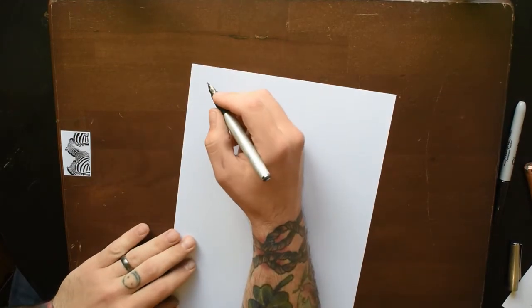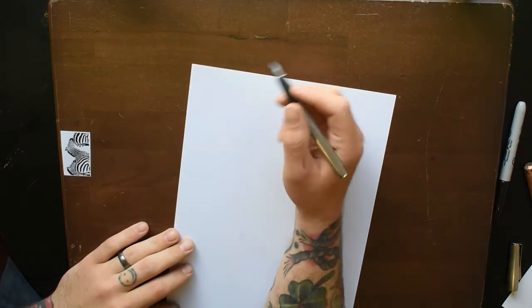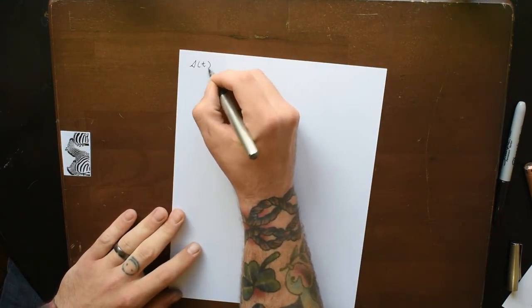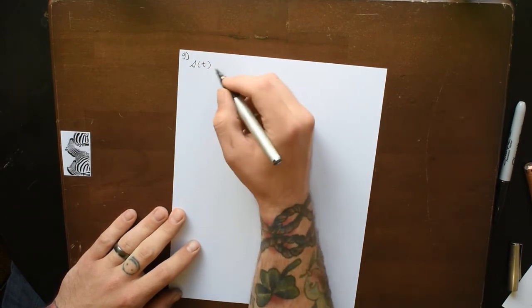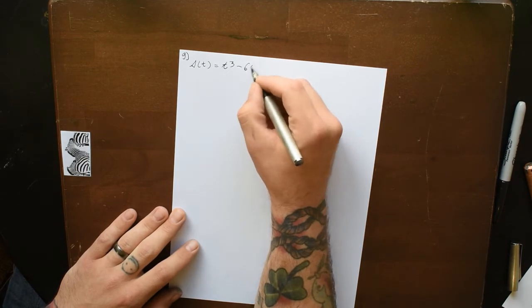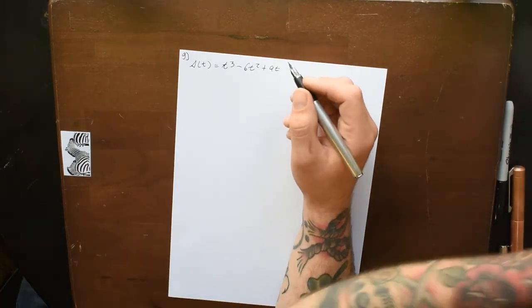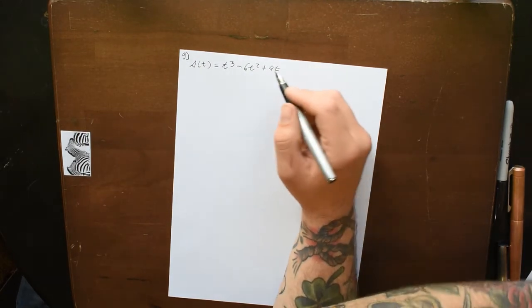Okay, so the next thing we're going to do is find the acceleration at time t and the acceleration when t is equal to 5. So we have to take our function, and this is s. We'll take our function, t cubed minus 6t squared plus 9t, and let me double check that, minus 6t squared plus 9t.